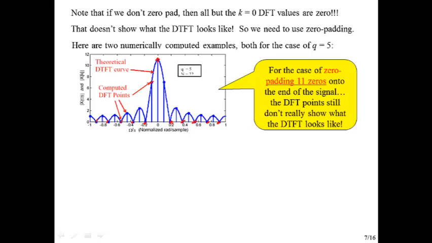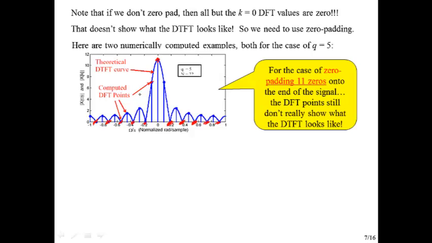If you were to take the DFT of just 11 ones, don't do any zero padding, you'd see a number there. You'd see 0, 0, 0, 0, 0, 0, 0, 0, 0, 0. So yes, even though this does lie on the DTFT, what we're seeing is that it doesn't really provide us with a very good view of the underlying DTFT.